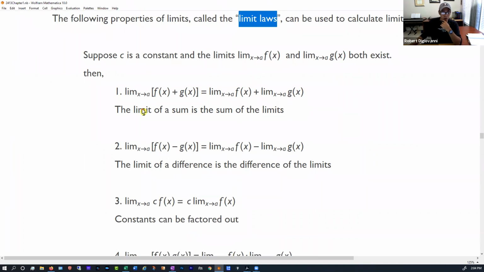The first law says that if you have two functions being added together and you want to find their limit, you can just do them separately. I'll give you a specific example next to this.